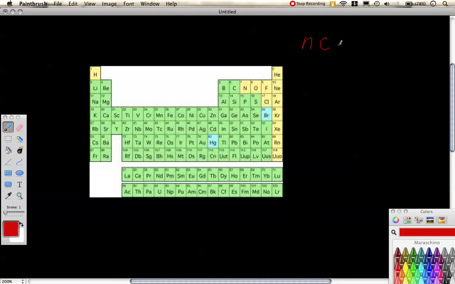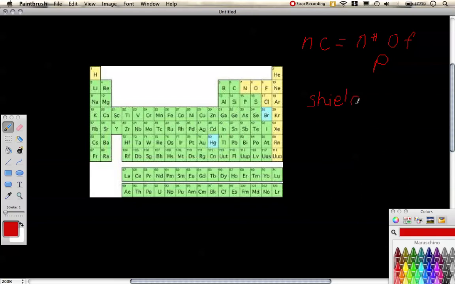that is nuclear charge, which is the number of protons in the nucleus. And obviously the nuclear charge is going to be overall positive because protons have a positive charge. We also then need to take into consideration the effect of shielding.